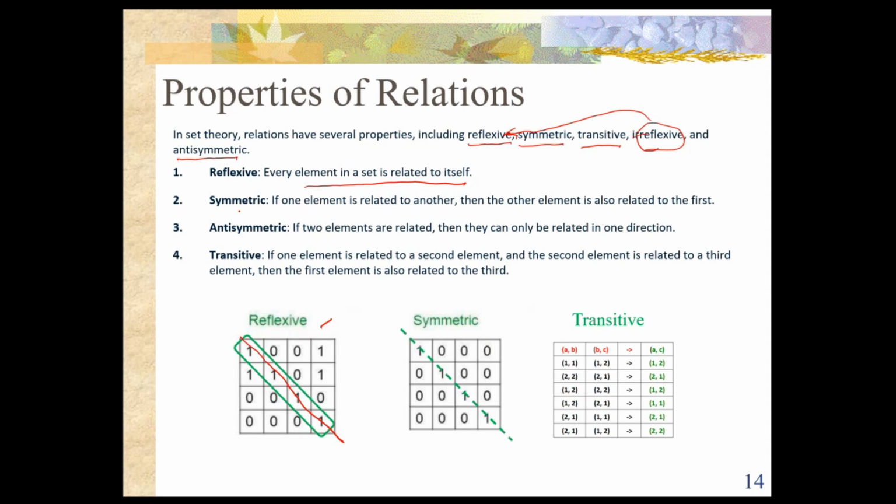Then the second perspective of patterns in the relation matrix is symmetric. So you look at the second example here. Imagine you draw a diagonal line cutting across the diagonal cells. We are going to ignore the diagonal cells entirely.